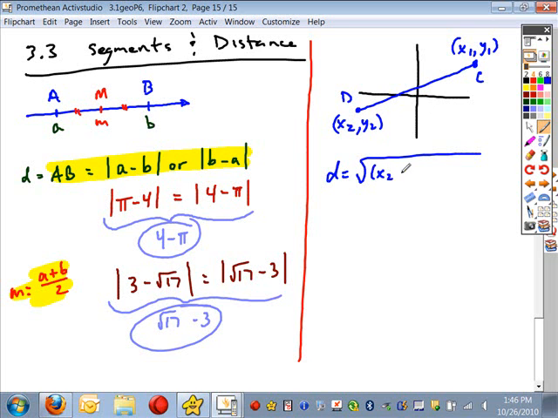And again, yesterday I wrote x1 minus x2. It doesn't matter. You can write either one as long as whichever x coordinate you start with, you start with the corresponding y coordinate as well. And so this would be your distance formula for a coordinate plane.